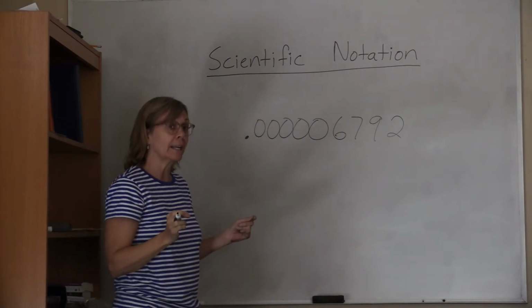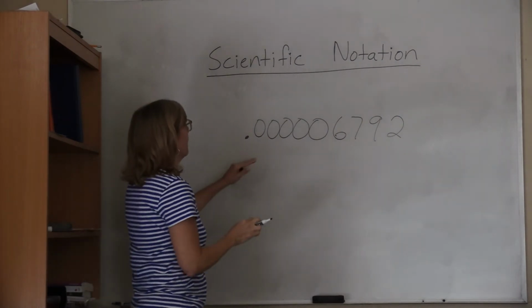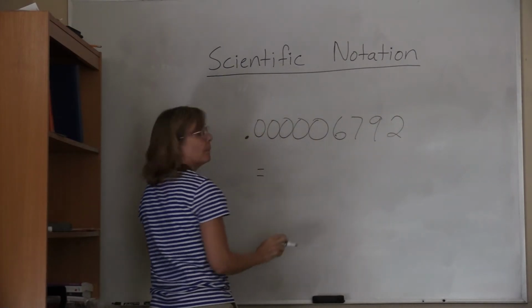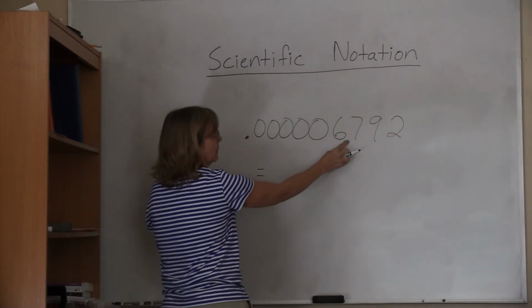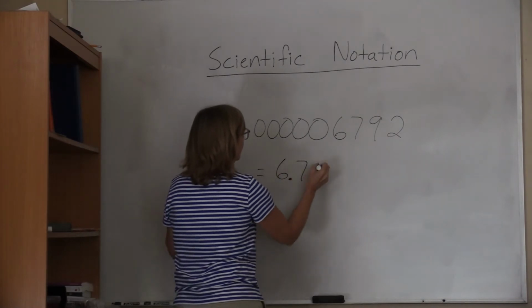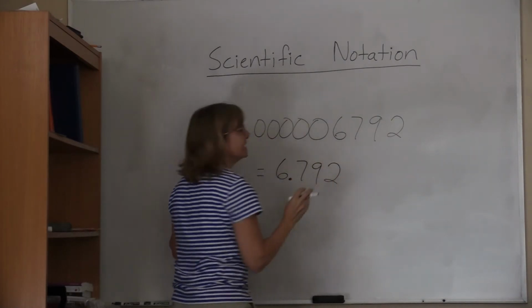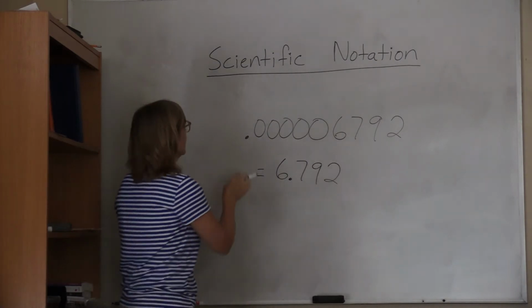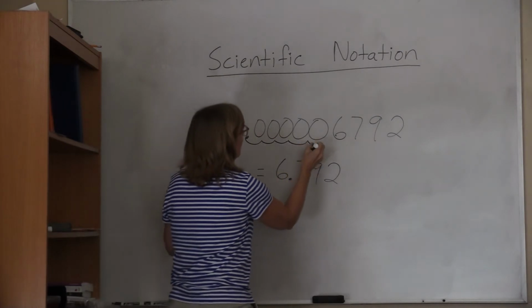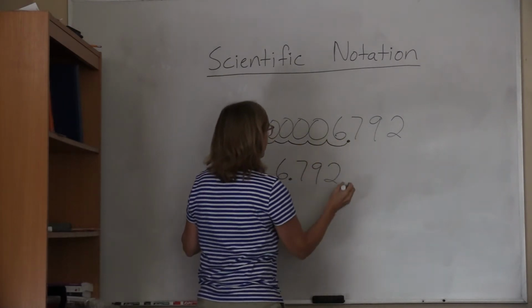And I want to write this as scientific notation. Well, I'm going to write it down here below. Where's my decimal going to go? Right there after the 6. Because remember, one digit to the left. And I just count the number of spaces I move my decimal. 1, 2, 3, 4, 5, 6. I moved it 6 places.